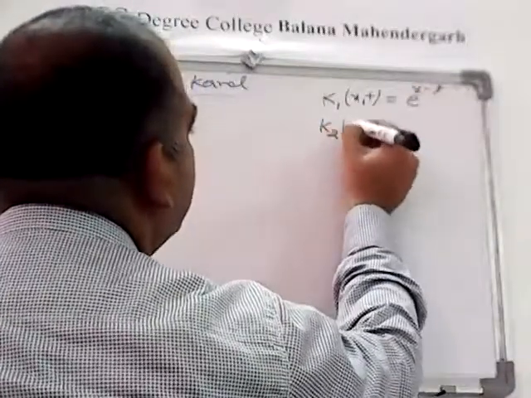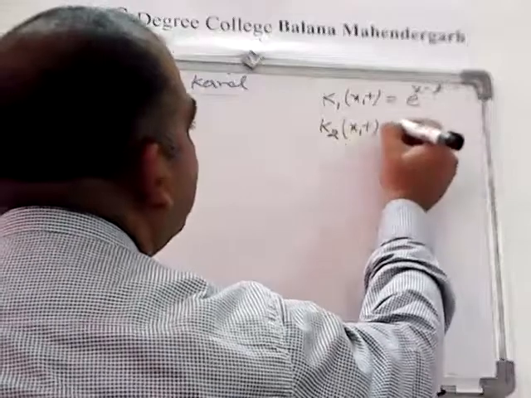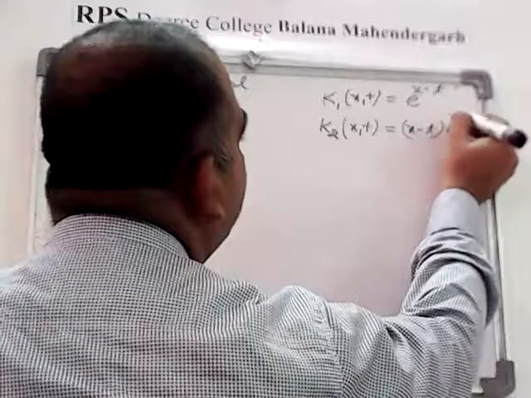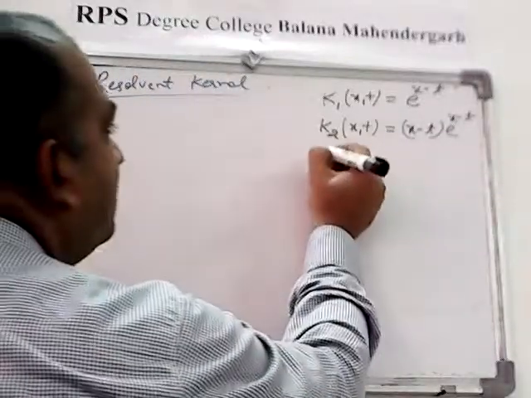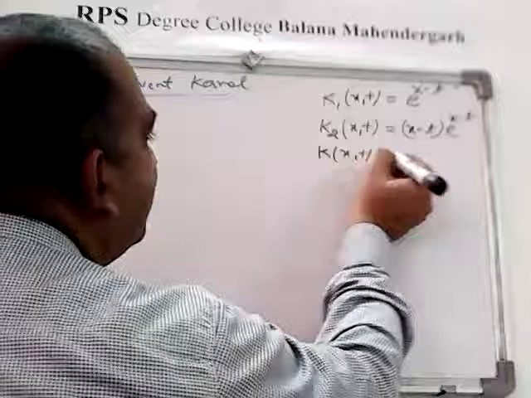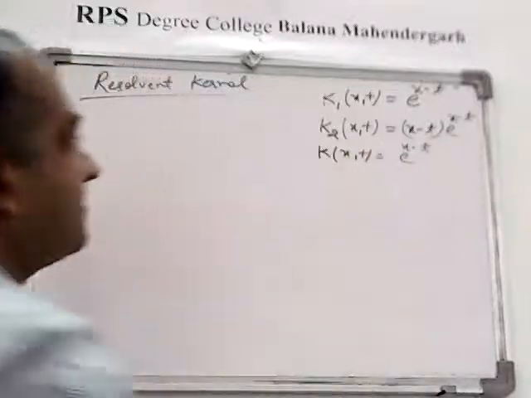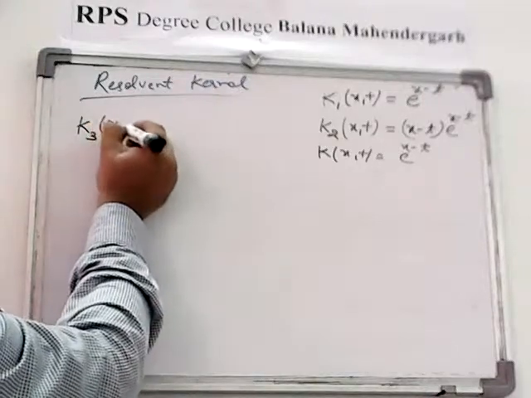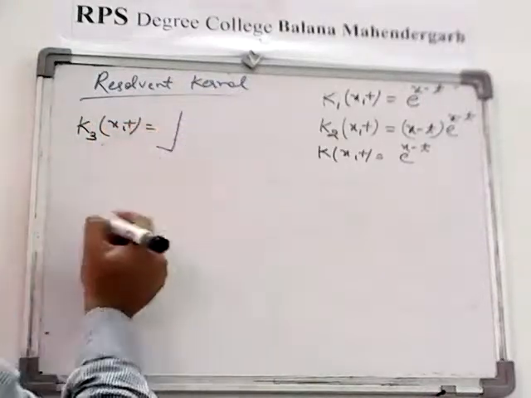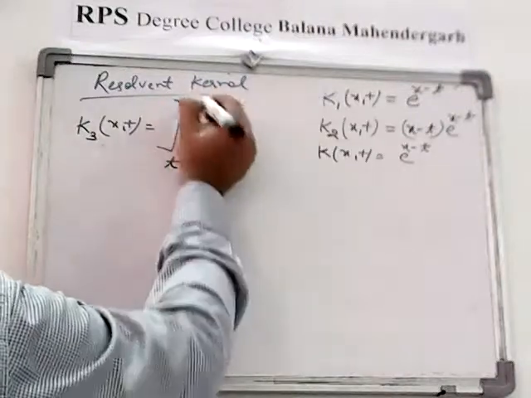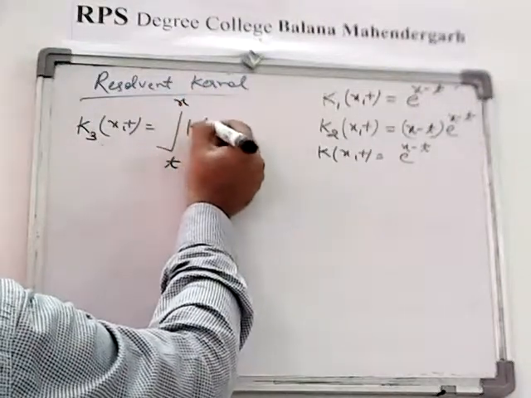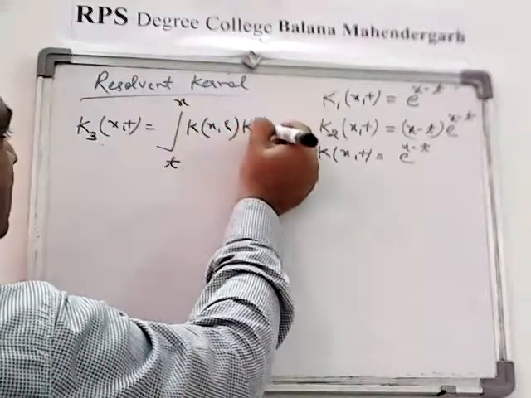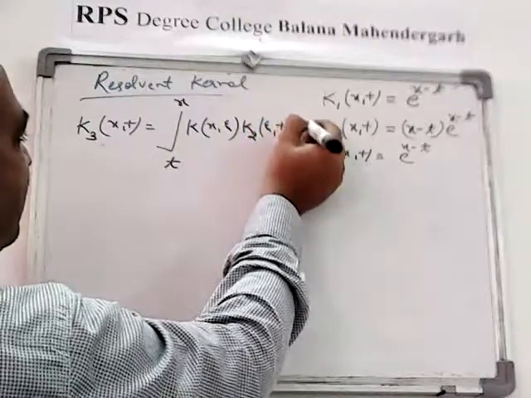Then we have just calculated k2 x comma t, which is equal to x minus t into e raised to power x minus t, and the value of k of x comma t was equal to e raised to power x minus t. So now we will try to find out the value of k3 x comma t. According to the formula, this value is equal to integration t to x of k of x comma xi, k2 xi comma t, d xi.